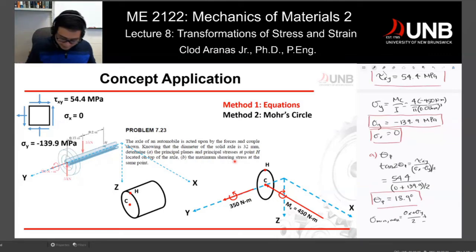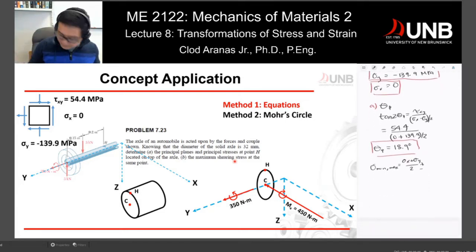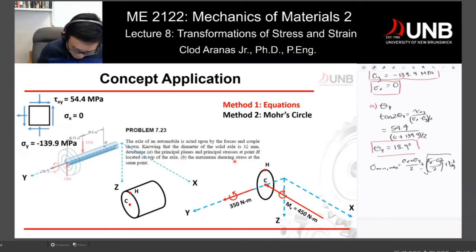Okay, so that's plus minus the square root of (sigma x minus sigma y over 2) squared plus tau xy squared. And you just have to substitute 0 and 139.9.